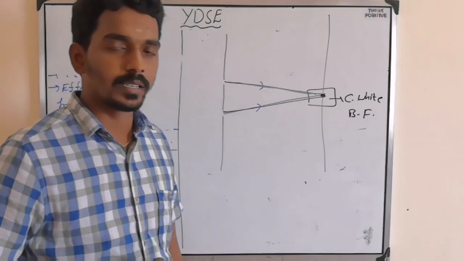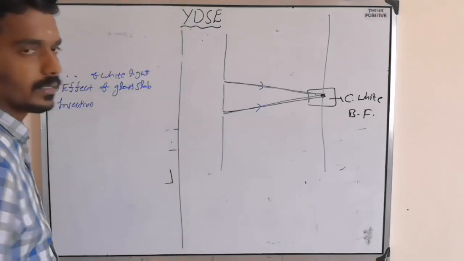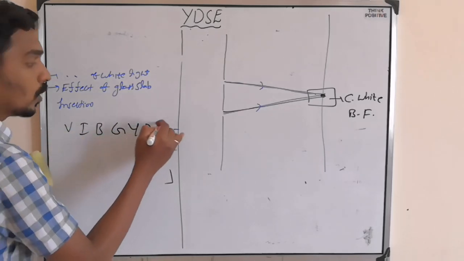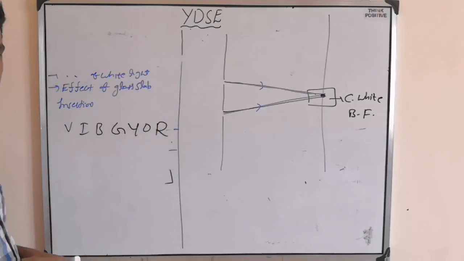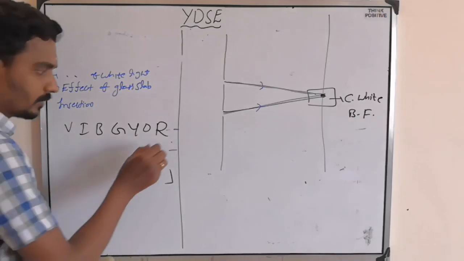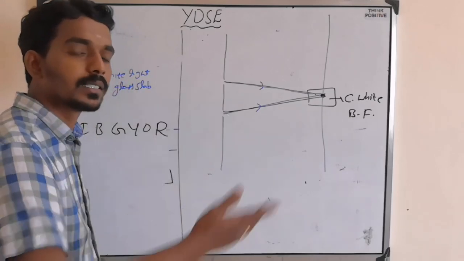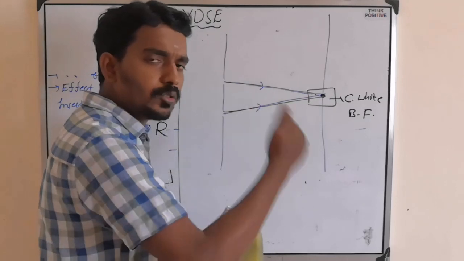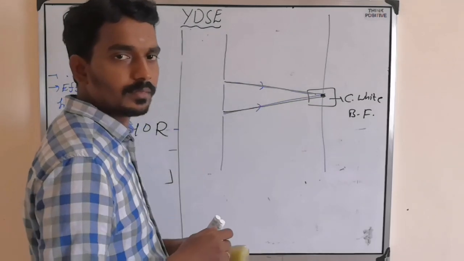But then comes the next. What are the wavelengths? We have V, I, B, G, Y, O, R. Here the wavelength of violet is smallest and for red maximum. Now, this is bright. Next, what should come? Dark.